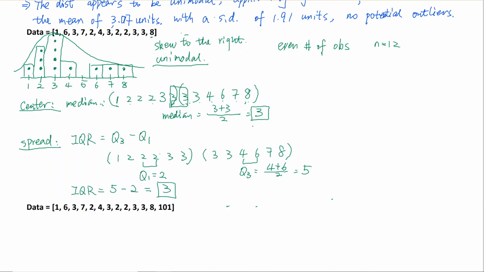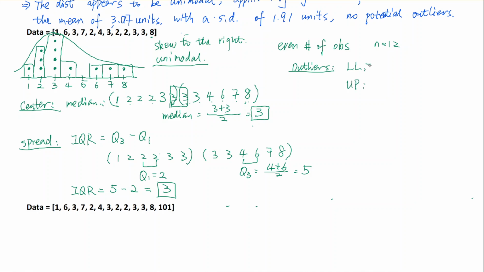All right, so now we have the center, we have the spread. The only one left will be the potential outliers, right? So to identify whether there are any outliers, you need to calculate the lower limit and the upper limit, right?